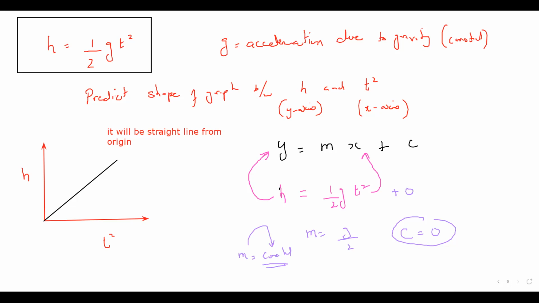Another example: we have the equation 2gh equals v square, and we have to show that, where g is the constant acceleration due to gravity, which is a constant.